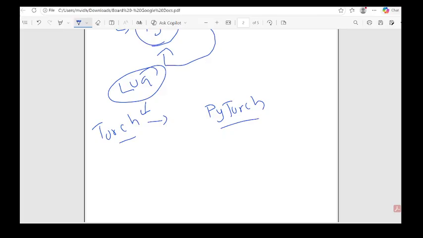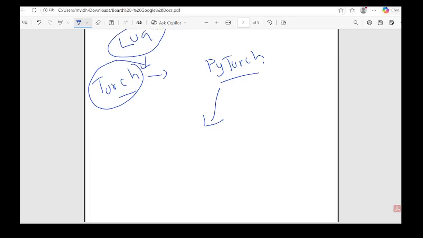Now Torch is not the focus, it has very little execution and usage, and more so due to PyTorch, we are using PyTorch for deep learning to build deep learning neural network models.